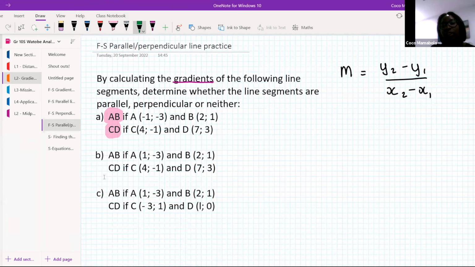Okay, excellent. For those of you who are saying you have an answer for A, please calculate B for me.